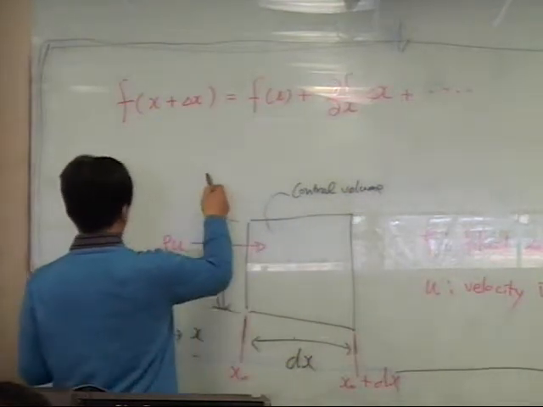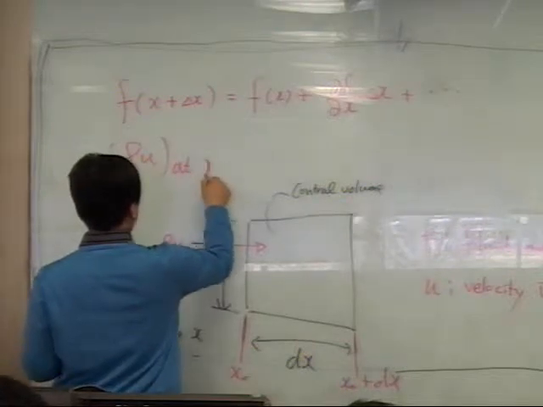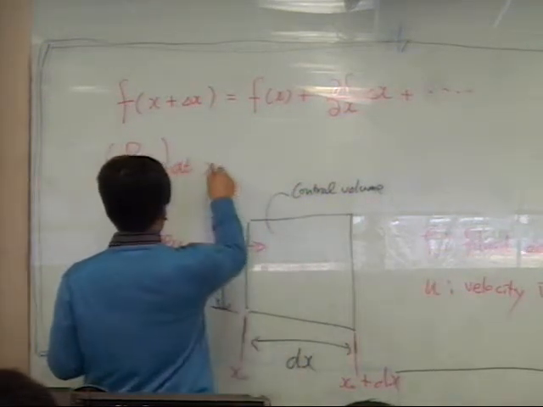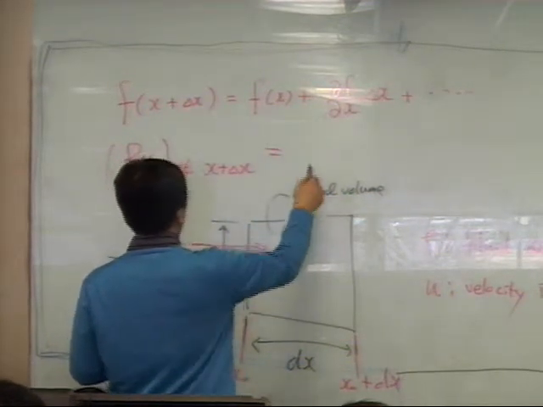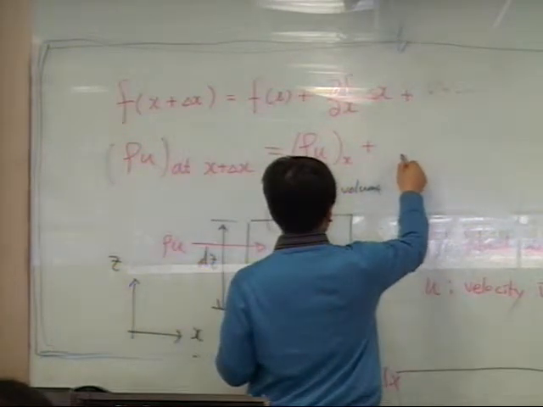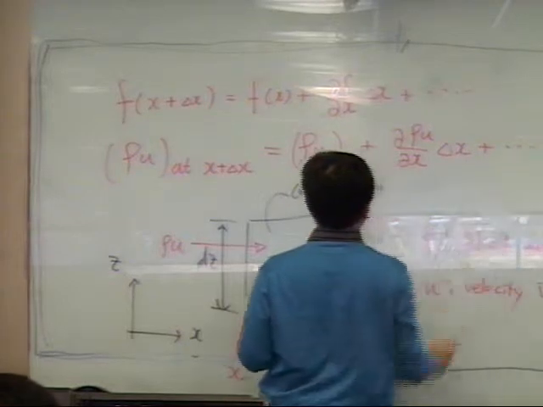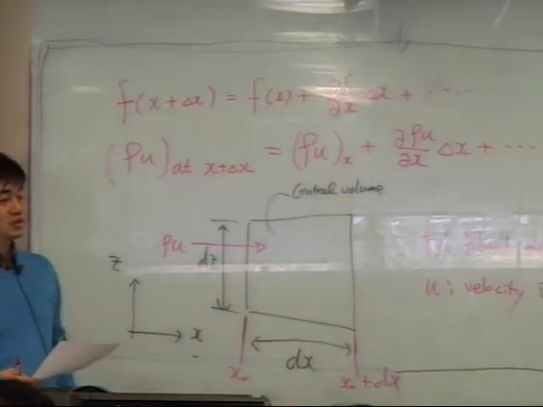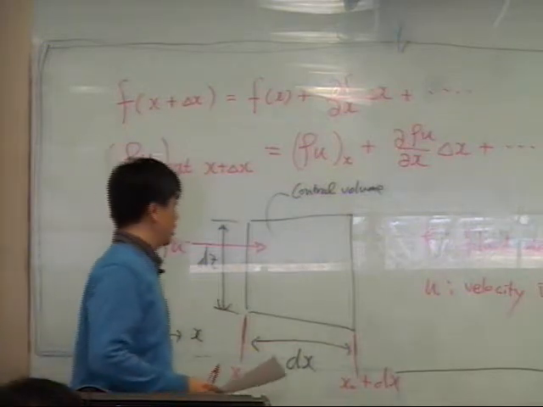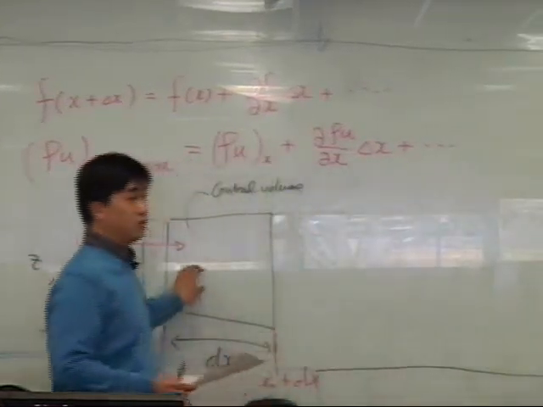And then rho u at time t, x plus delta x equals rho u at x plus partial rho u partial x times delta x, and we're going to have higher terms. Usually the higher terms are much smaller than these two terms, so we just ignore them because this control volume is very small.